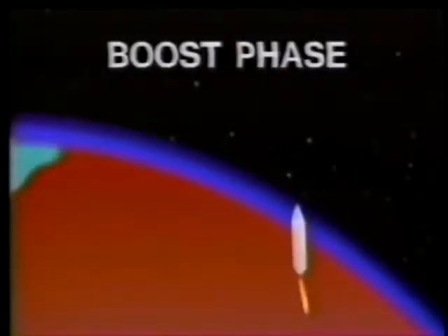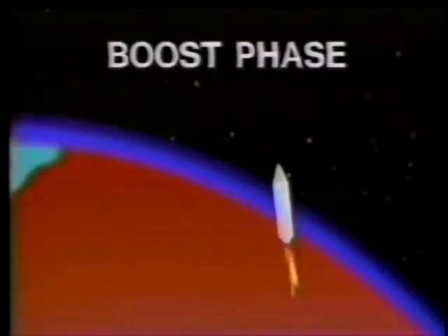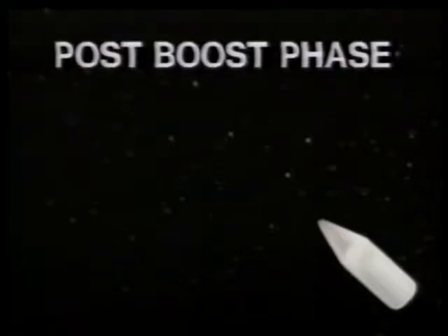A single intercept can take out all warheads with one blow. The problem is, boost only lasts 4 minutes, and post-boost lasts only another 10 minutes. Only 14 minutes to detect the launch, acquire the target, track it, and hit it.